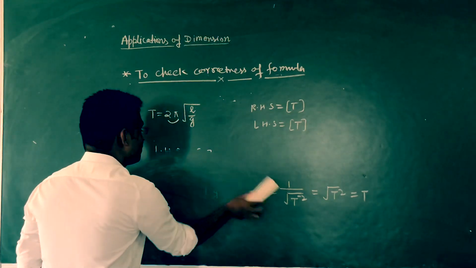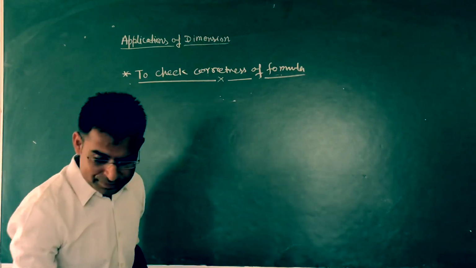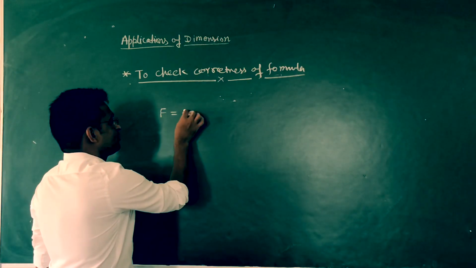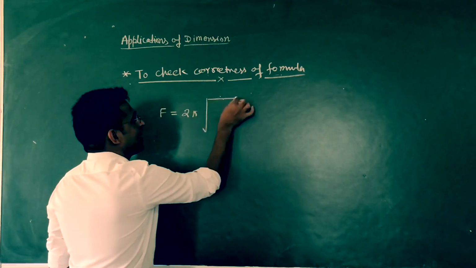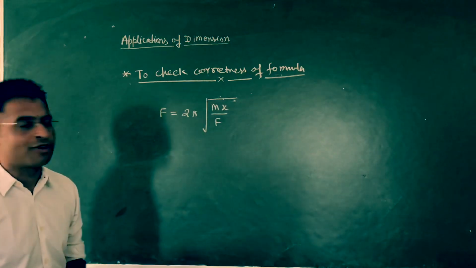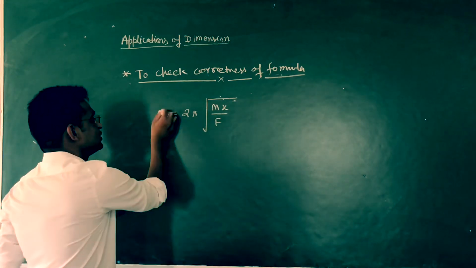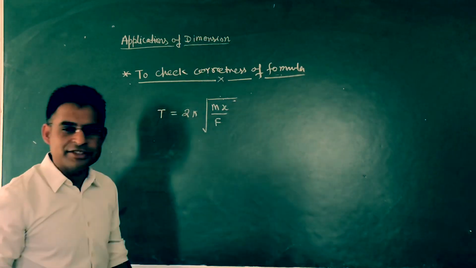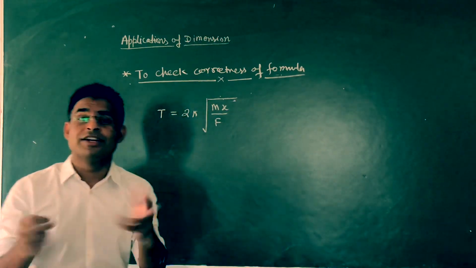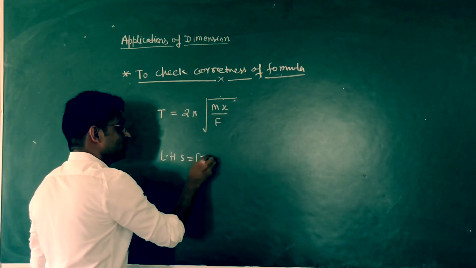Now, one more example so the concept will be clearer. Suppose I write this formula, T is equal to 2 pi under root mx divided by F. I want to check whether this formula is right or wrong, where x is length, m is mass, F is force, and this is not F, this is T. Again, I find the left hand side dimension, then the right hand side dimension, but in between, whatever constant we get, we have to neglect it. The left hand side dimension is T only, that is time.